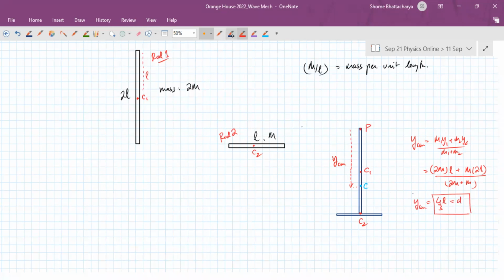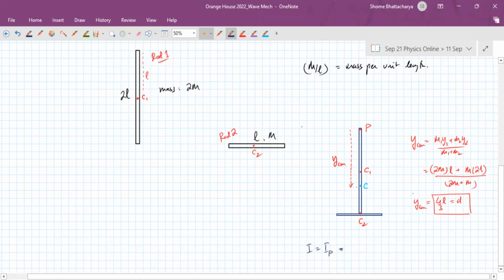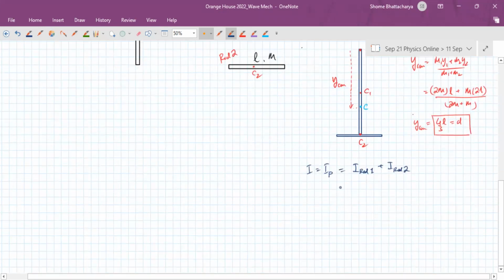Now the second thing is the moment of inertia about the point P. So moment of inertia about the point P is moment of inertia of rod 1 plus moment of inertia of rod 2. So rod 1 is of mass 2m, length 2L, and the point P is one end of it.